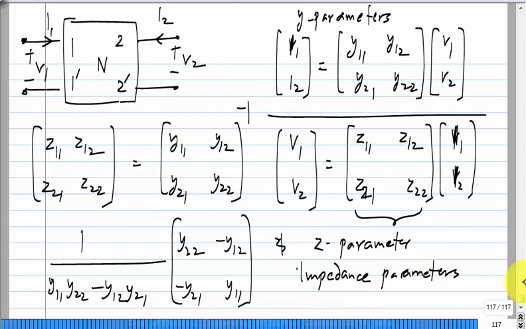Any questions here? This is just an alternative representation, that's all. It's just like first we looked at conductance or the Y parameters, now we are looking at the resistance, right.